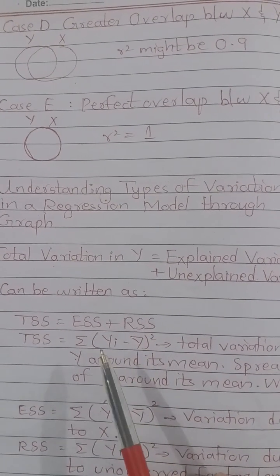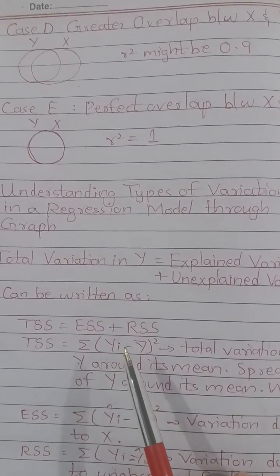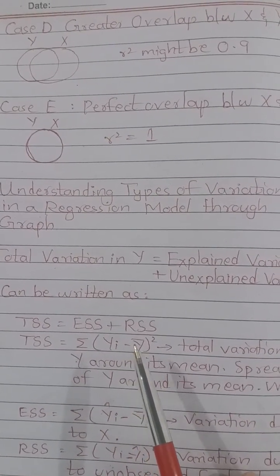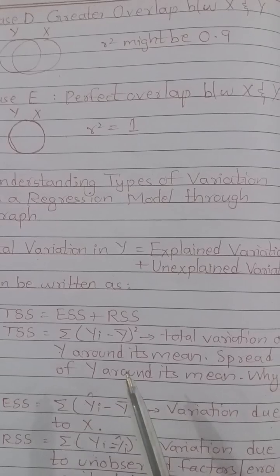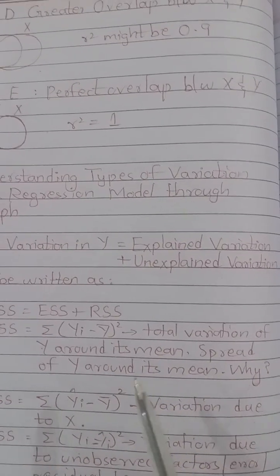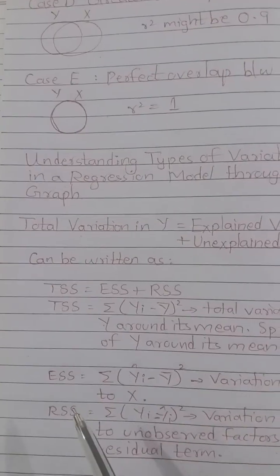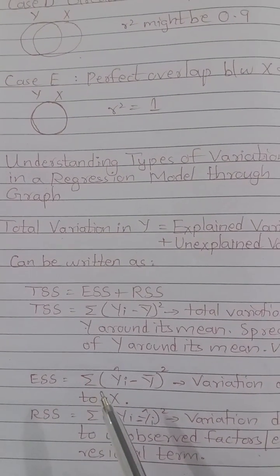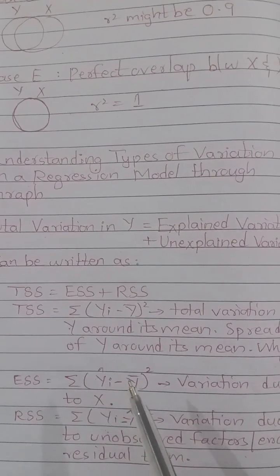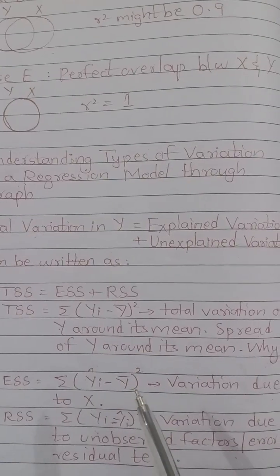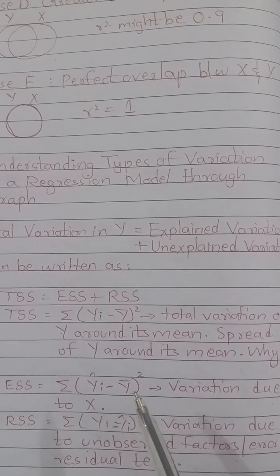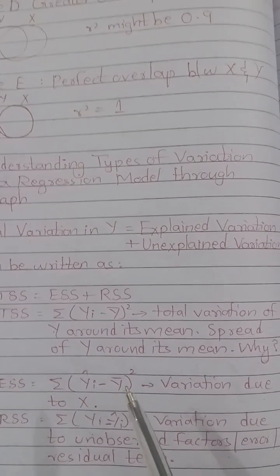So total sum of square is the sum of square deviation from mean. Similarly, explained sum of square equal to sum of y hat minus y bar square. It is a variation in y hat around its mean.